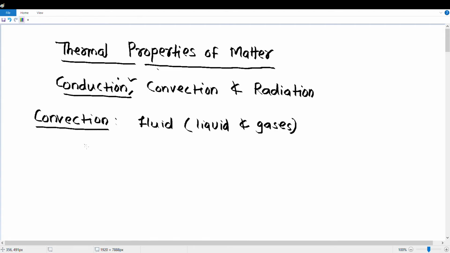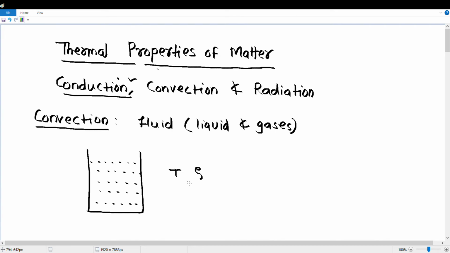Now let us consider a simple case of water which is filled in a pot. Initially, let us consider the temperature of water in this pot is T and the density is rho.